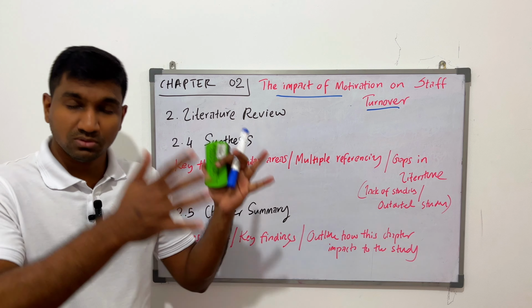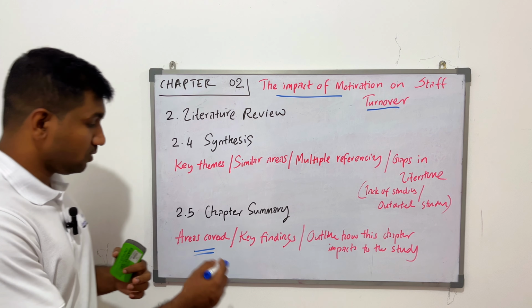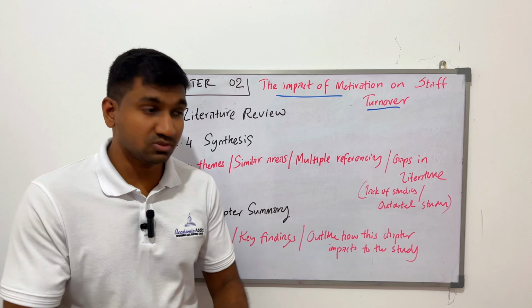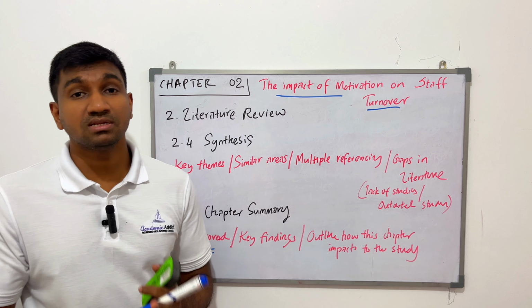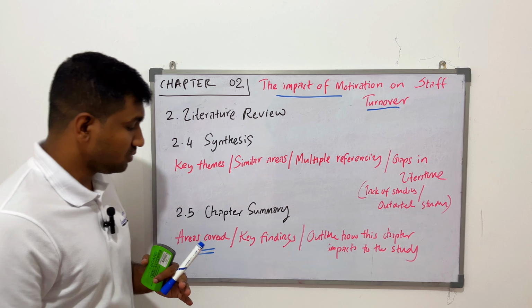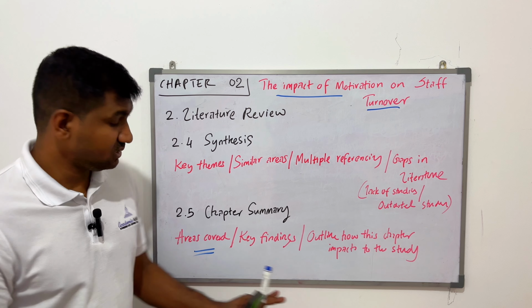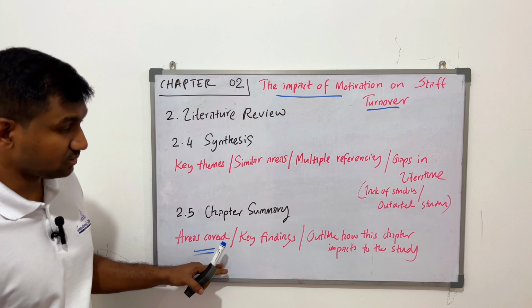So basically, you summarize the things that you have discussed in past tense. Also try to highlight the key findings, not everything. The information that is very important and has a huge impact on, say, turnover, you can write a few things under key findings in the same chapter summary.